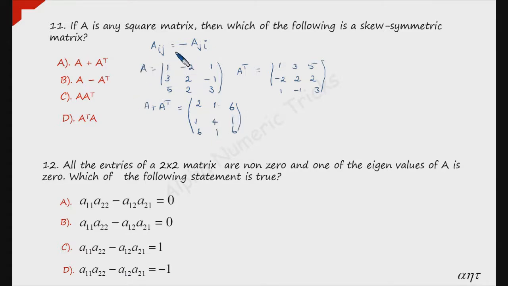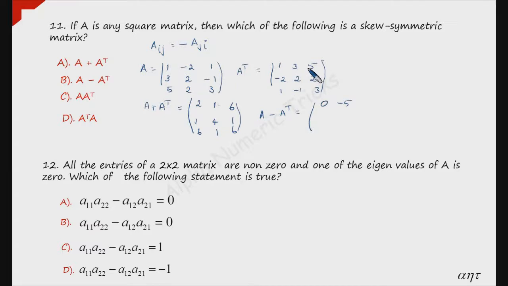So this is a symmetric matrix, but a skew symmetric matrix has Aij equal to minus Aji. So the next option we take is A minus A transpose. 1 minus 1 becomes 0, and here we have minus 2 minus 3, which is minus 5. Then 1 minus 5 is minus 4.